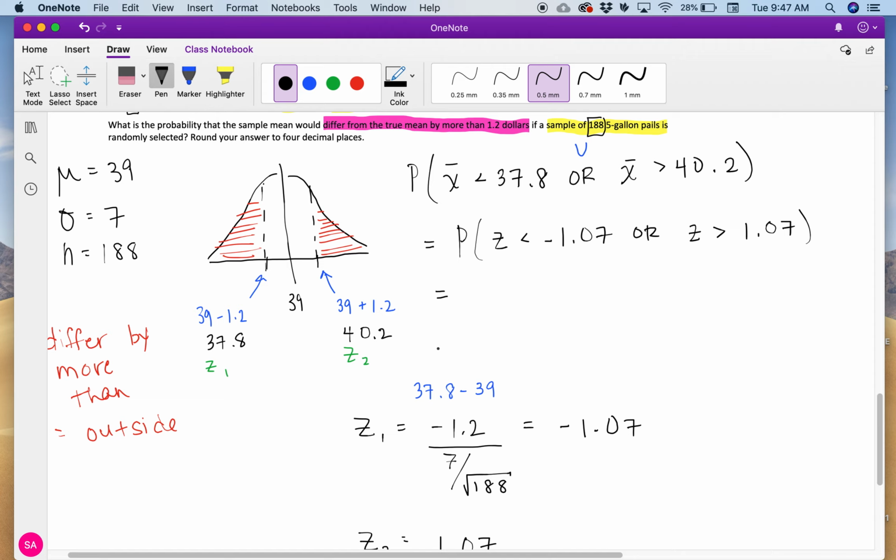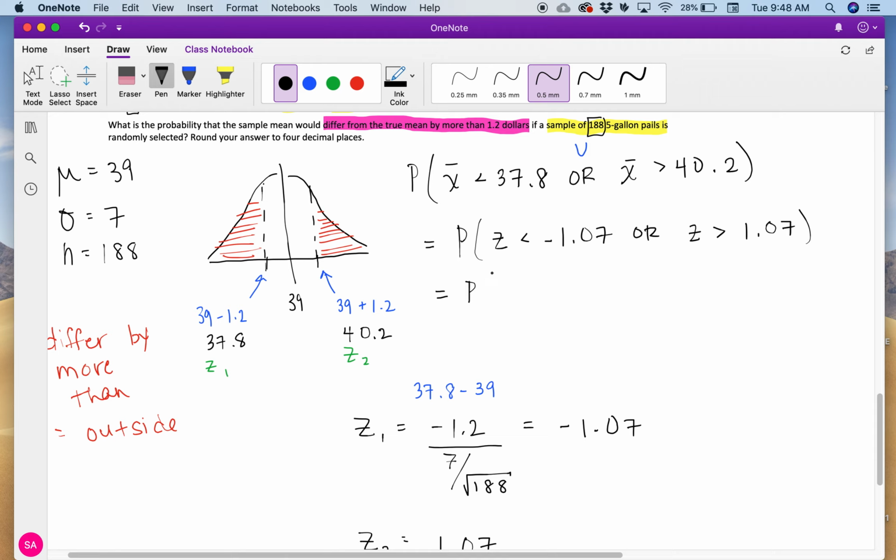So I did a problem like this in videos from chapter 8. I think section 8.3, where we had to find the areas in a graph or a distribution that looked like this, right? We were kind of shading the outsides. So to figure out the total area, we basically just add these individual areas.